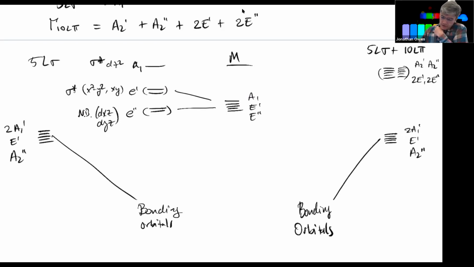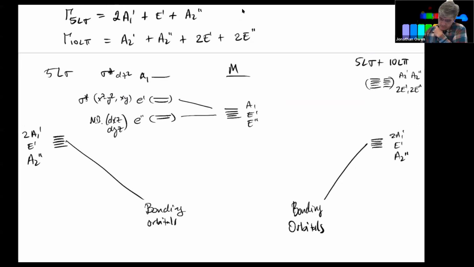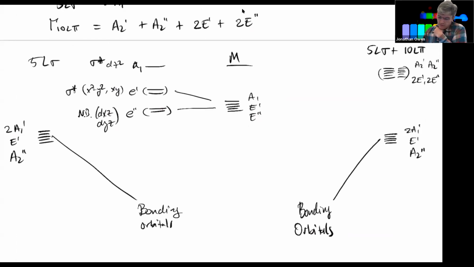So first of all, there is no A2 prime or A2 double prime among the d orbitals. There is an A2 double prime among the sigma orbitals, but we're not talking about the sigma orbitals on the carbon monoxide interacting with the pi orbitals on the carbon monoxide. So I'm not going to consider that.